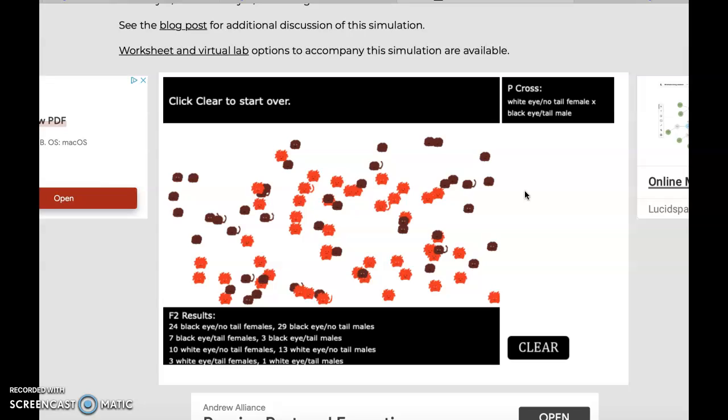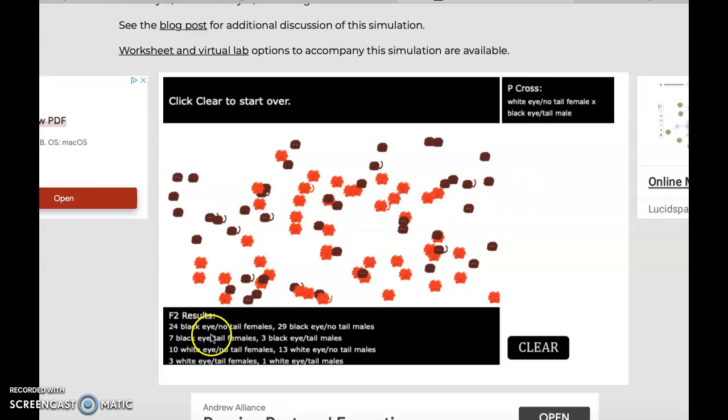And therefore, in the F2 you would expect a 9:3:3:1 phenotypic ratio, where 9/16 are dominant for both traits, 3/16 would have tails, and would be dominant for one and recessive for the other. So they would have white eyes and no tails, or tails and black eyes. And then 1/16 would be recessive for both.